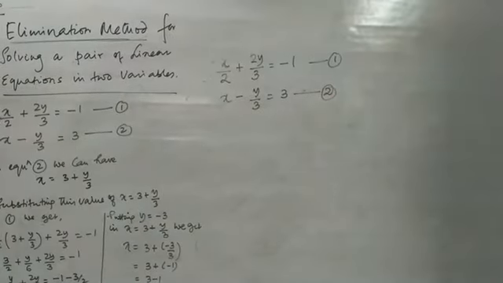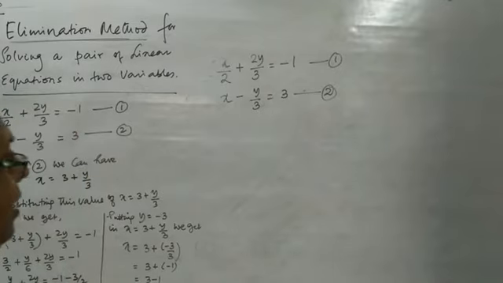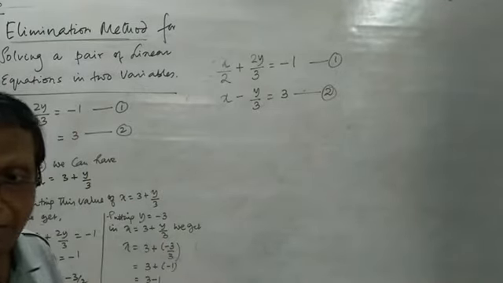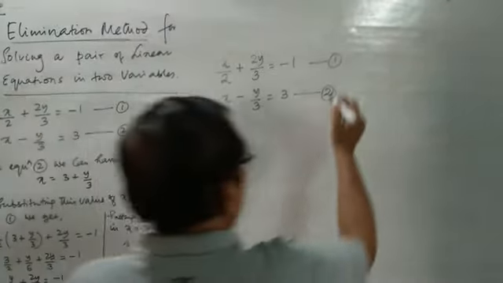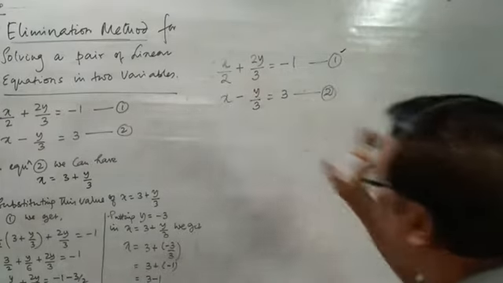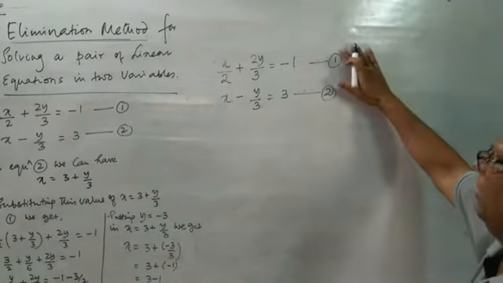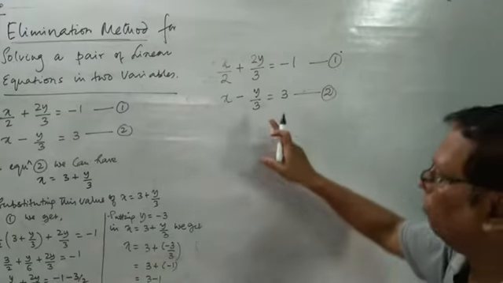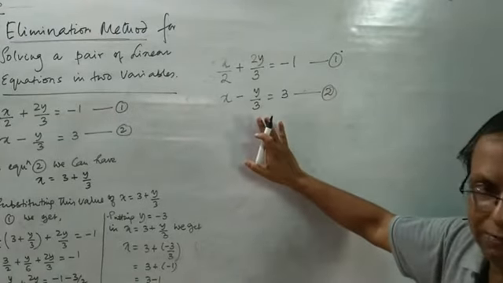Now we have to eliminate. Before eliminating, you decide which variable you will remove, either x variable or y variable. Okay, we have made up our mind that we are going to eliminate the y variable.